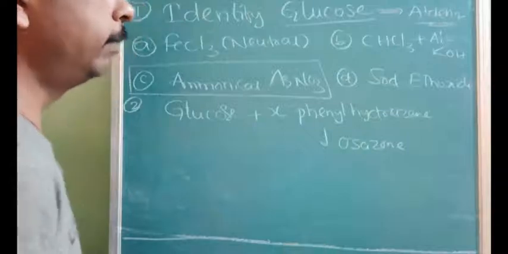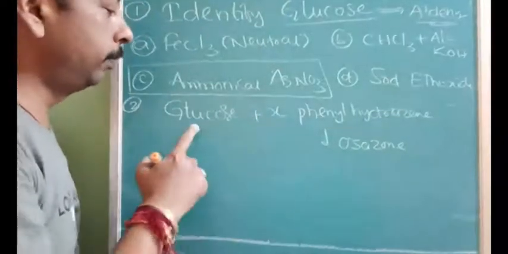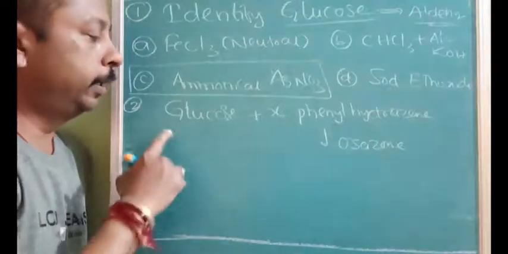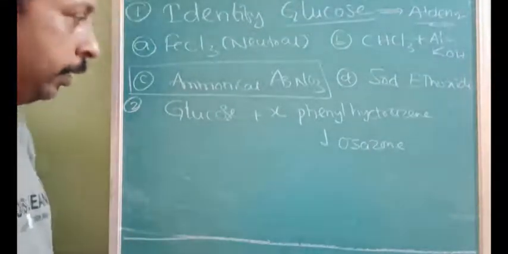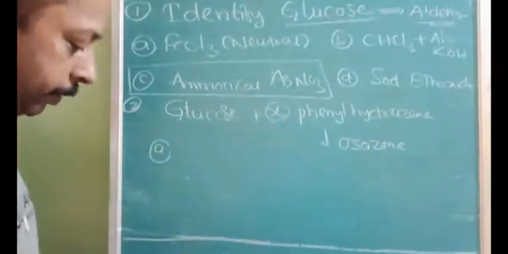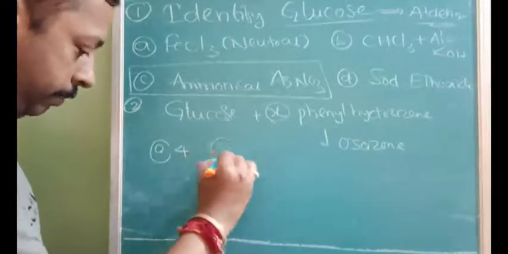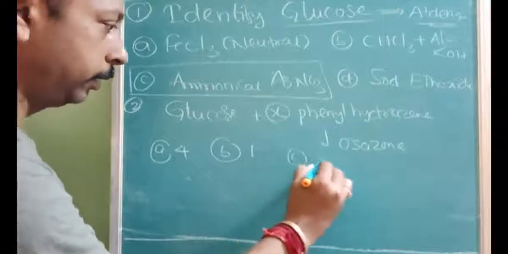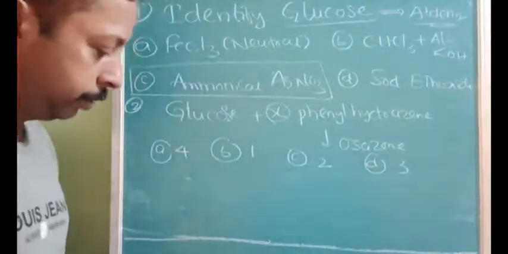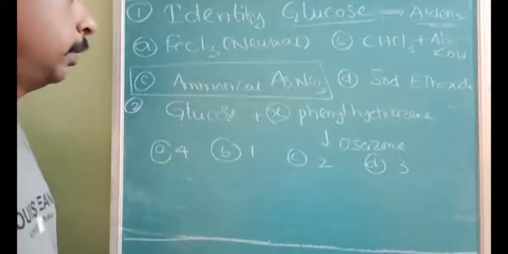This is a combined question on carbonyl compounds and glucose. This is the way you have to identify the number of functional groups. You have to identify X. Option A is 4, option B is 1, option C is 2, option D is 3. Is the question understood? So what is the answer?